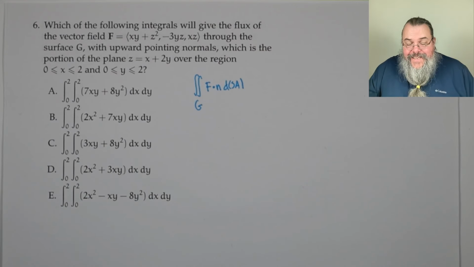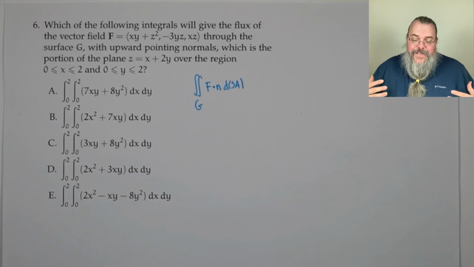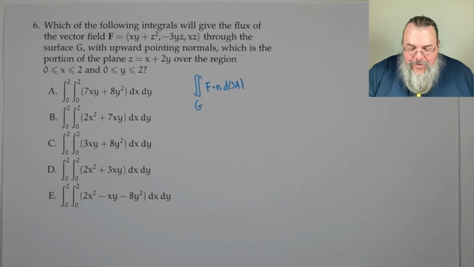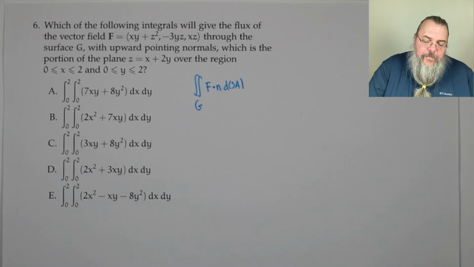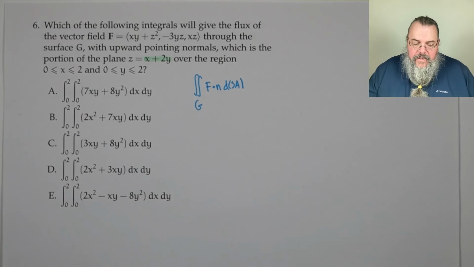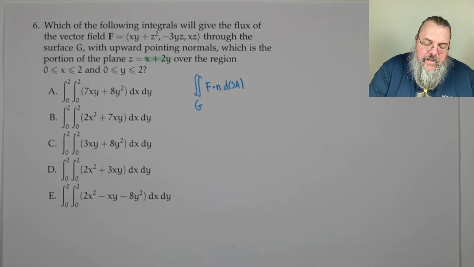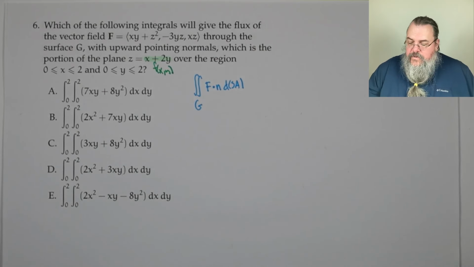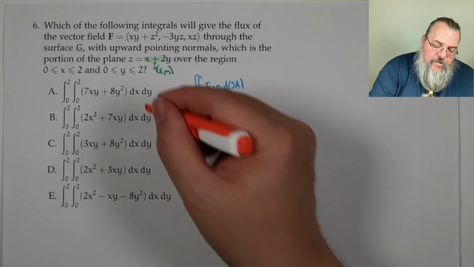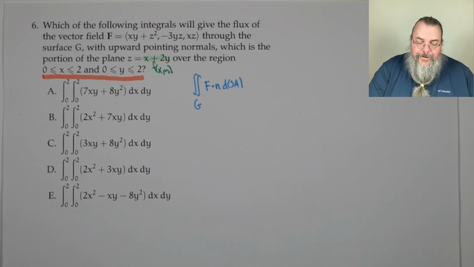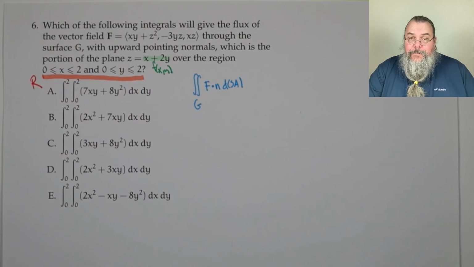There's a special case. Now, we haven't done a lot of surface integrals, but what we can do is say, in the case when our surface has a particular form, so it's z equals f of x, y, so this x plus 2y is our f of x comma y, over a region R, so this 0 less than or equal to x less than or equal to 2, 0 less than or equal to y less than or equal to 2, this is our region R. And we have upward pointing normals.